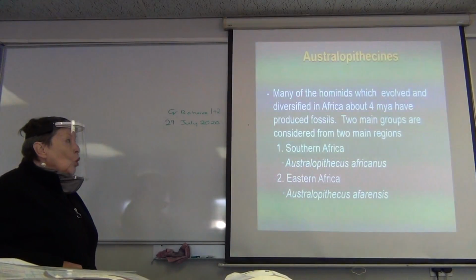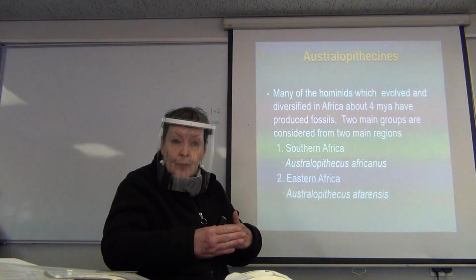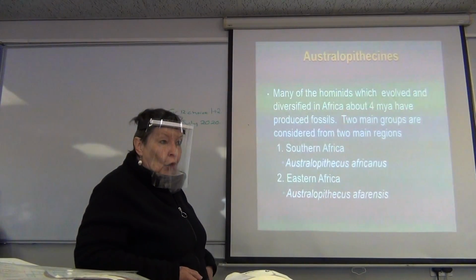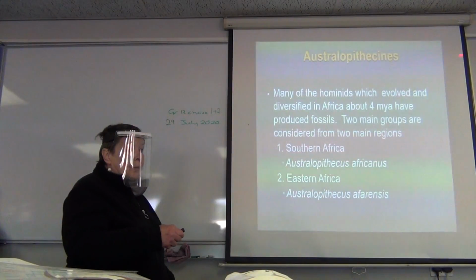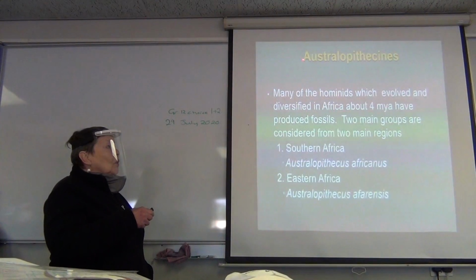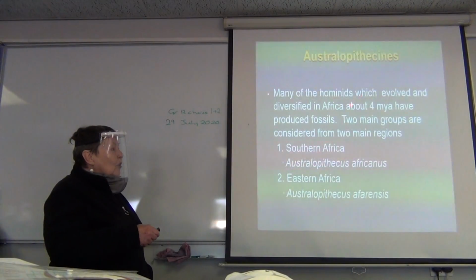Okay. So in terms of the organisms that you have to know, this is the first one you have to know. You have to be able to spell this word. Okay, so we're talking about Australopithecines. So not so much that word, but the actual examples that I'm going to give you.